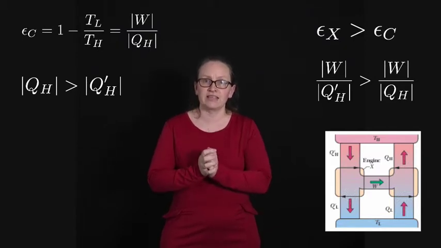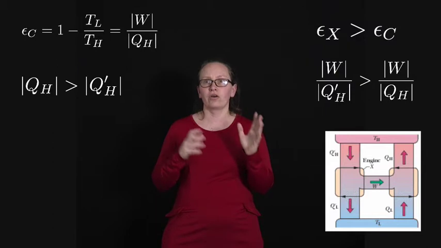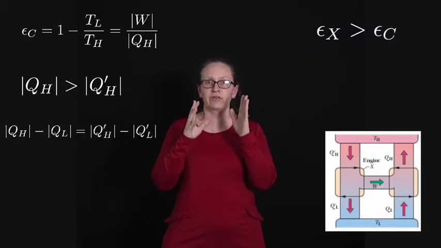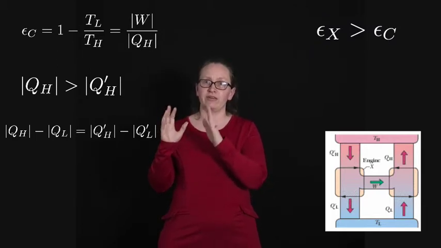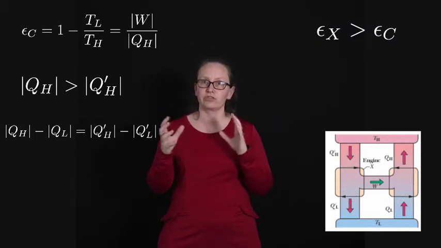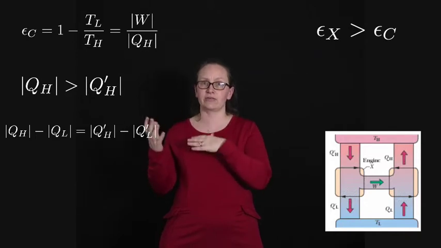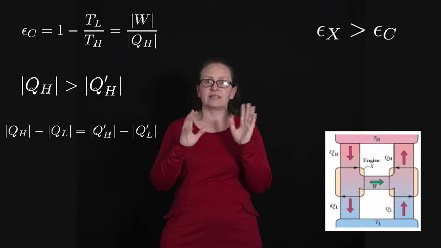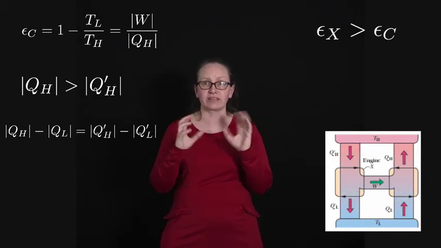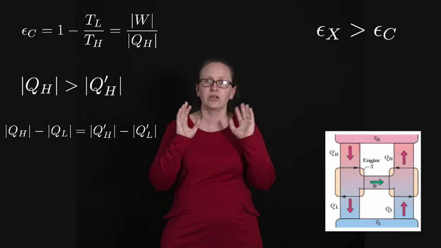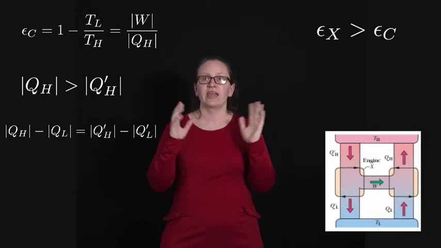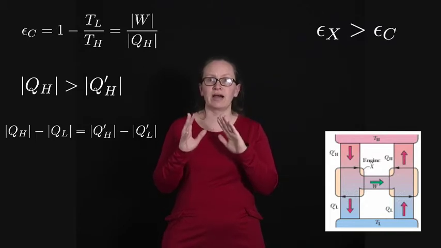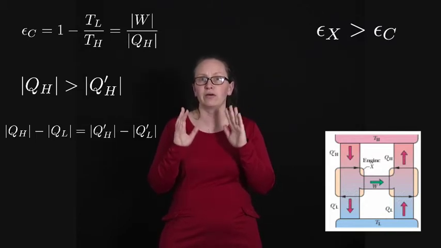Now, in this case, the work done on the refrigerator is equal to the absolute value of QH minus the absolute value of QL, because that's the total change in the heat and it's equal to the total work done. And this is equal, because we've got the same amount of work done in the engine and the refrigerator, to the total amount of heat transferred in the engine, which is given by the absolute value of QH prime minus the absolute value of QL prime.